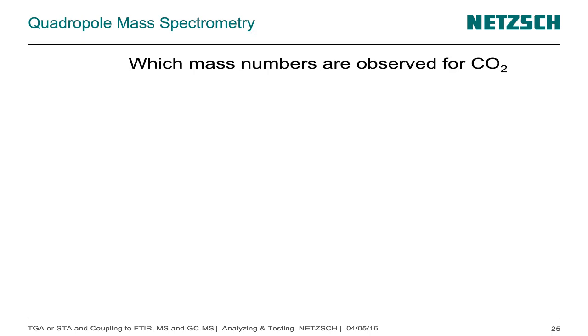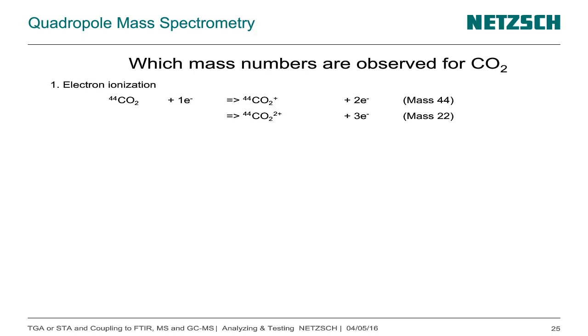For sure, you go with an electron beam, put an electron out, you have charge 44 with +1, and then you see mass 44. If you take out 2 electrons, then you have mass 44 with 2+ as an ion, and this is detected in the mass spectrometer at 22. And you see the mass number 22 also for carbon dioxide.